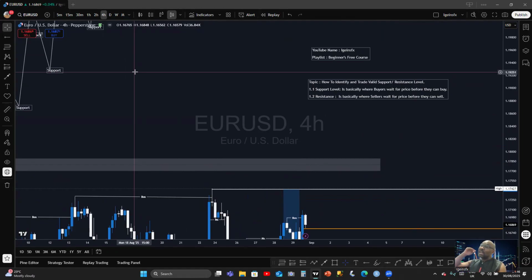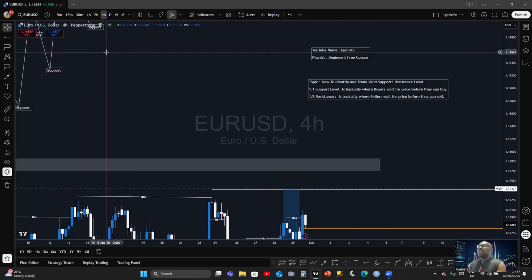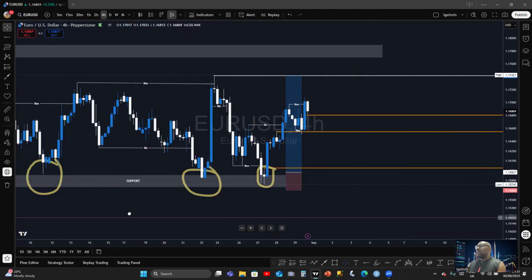If you stick to the higher time frame, like 4 hours, daily, or at most 1 hour or 2 hours, those levels tend to be very strong. Or another way, the professional way you want to do it: mark your support and resistance levels at the higher time frame.